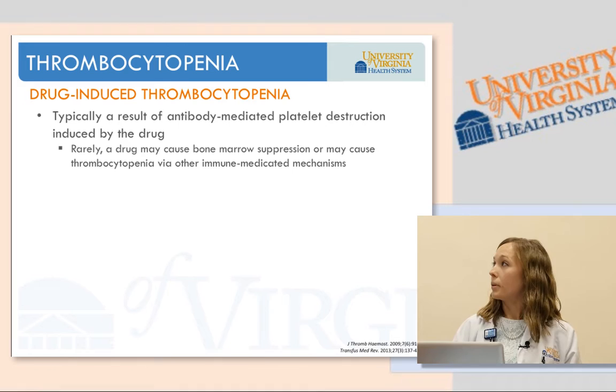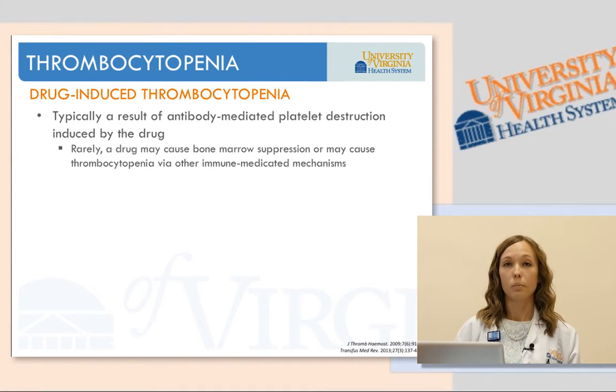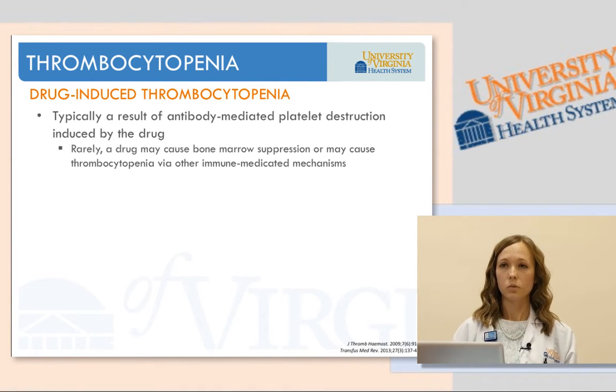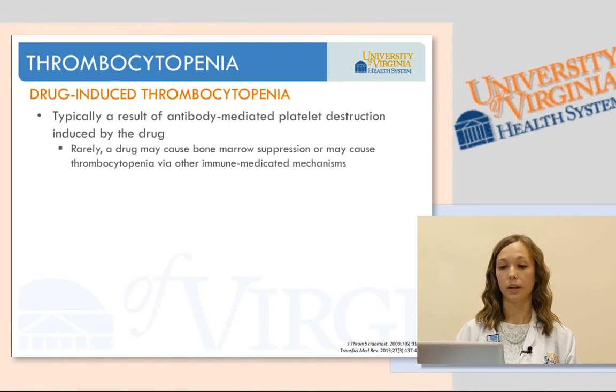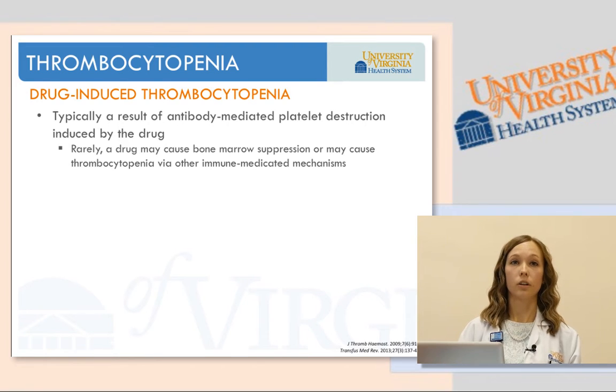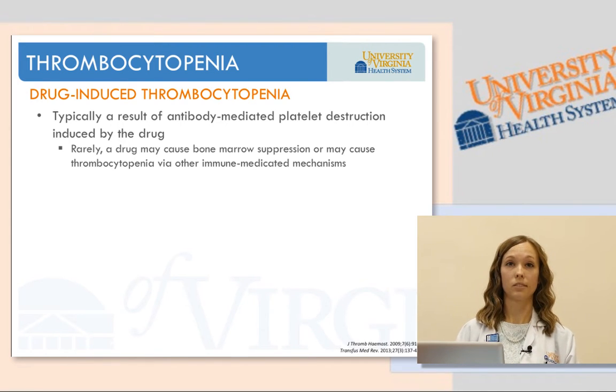So drug-induced thrombocytopenia is typically the result of antibody-mediated platelet destruction, with these antibodies getting induced by the drug in question. Rarely there's some other mechanisms that can be at play here as well, like bone marrow suppression and other immune-mediated mechanisms, but these are less common overall. So what are some drugs that you all see in your patients that commonly get blamed for thrombocytopenia?